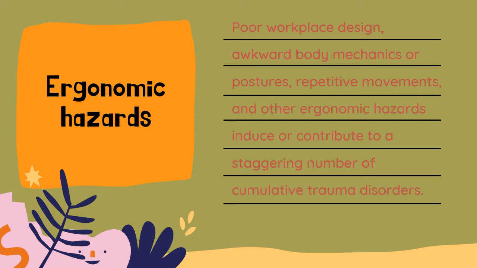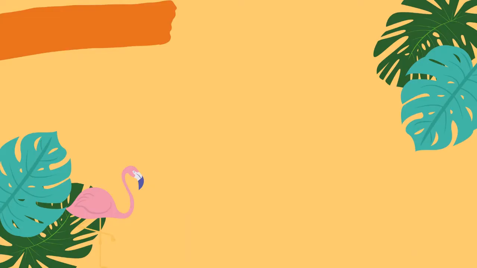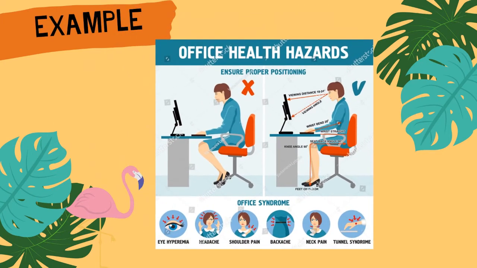Cumulative trauma disorder, or CTD, affects the hands, wrists, elbows, arms, shoulders, lower back, and the cervical spine area. An example of ergonomic hazard is office health hazard. If you have improper posture, it may lead to hyperemia, headache, shoulder pain, backache, neck pain, and carpal tunnel syndrome.